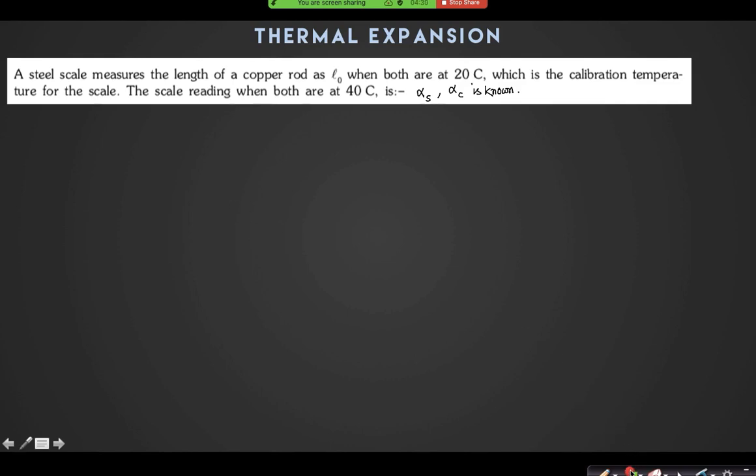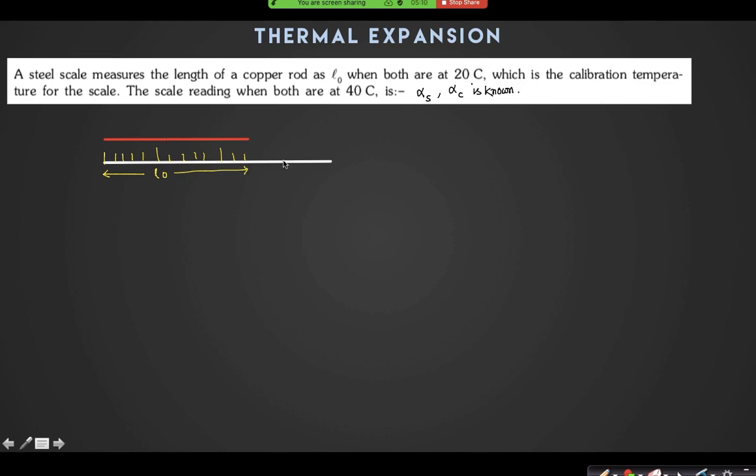No. Look, the answer will be something like this. This was initially, suppose, the copper rod, whose length is L naught and it is measured by a steel scale. While measuring this with this steel scale, actually you have measured this L naught divisions.